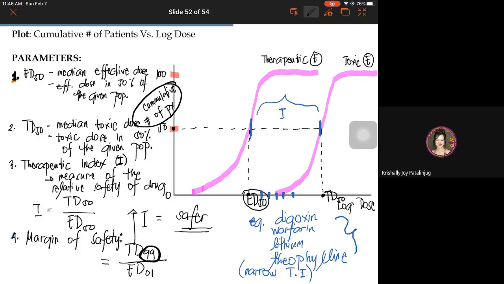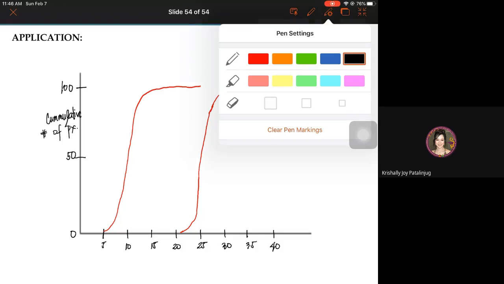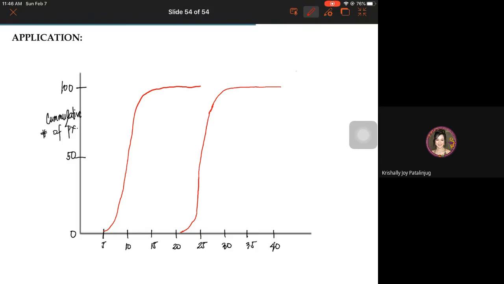So yung much more applied na mga parameters are the first three. Say for example, for this given quantal dose response curve, syempre yung first na plotted curve would be for the therapeutic beneficial effect.